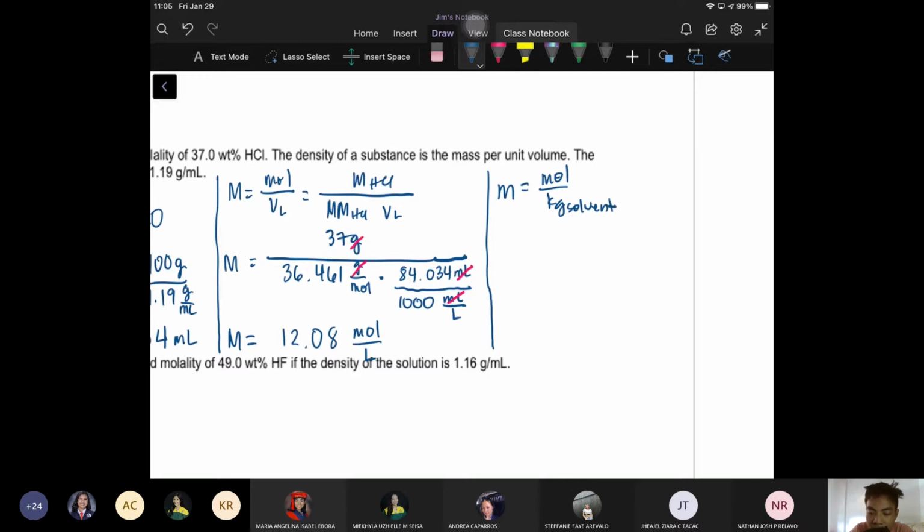I always indicate na solvent yung nasa baba, kasi baka mamaya ibang mass makuha mo eh. We can further express moles as the mass HCl divided by the molar mass HCl times the kilogram solvent.